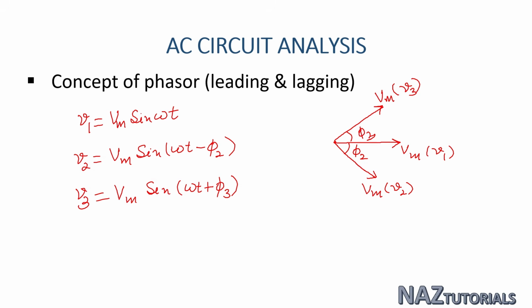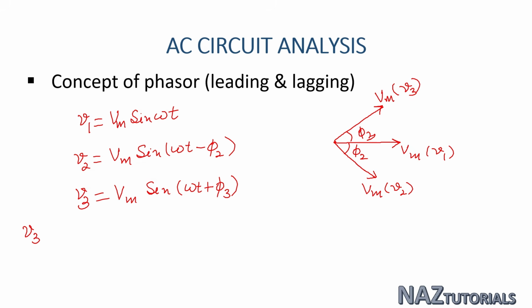So here we can analyze this concept of leading and lagging by taking one waveform as a reference waveform. If you analyze the waveforms V2 and V3 with respect to V1, V3 is ahead.